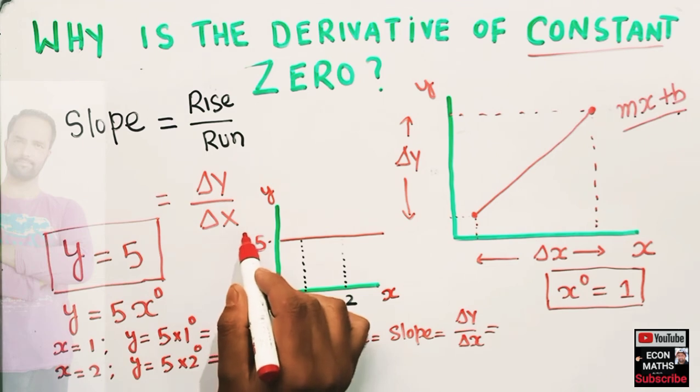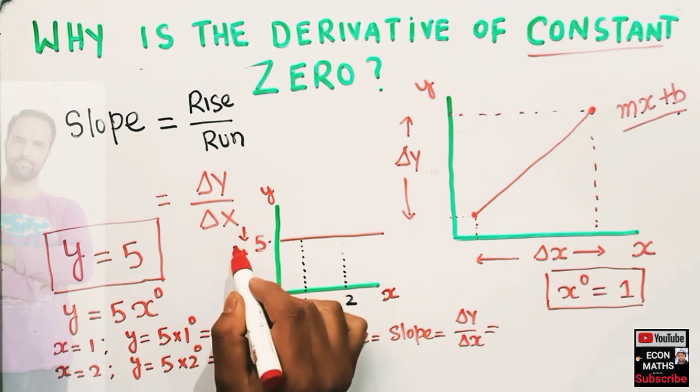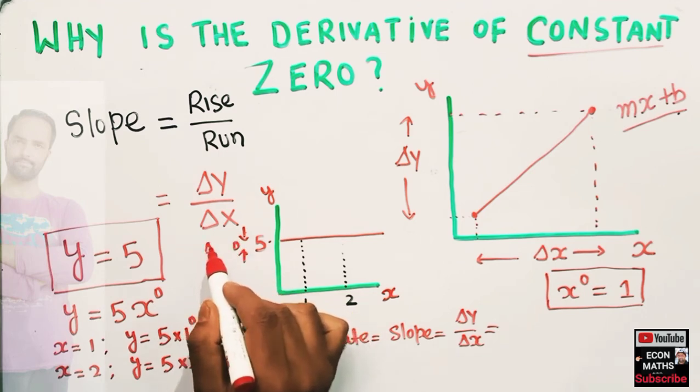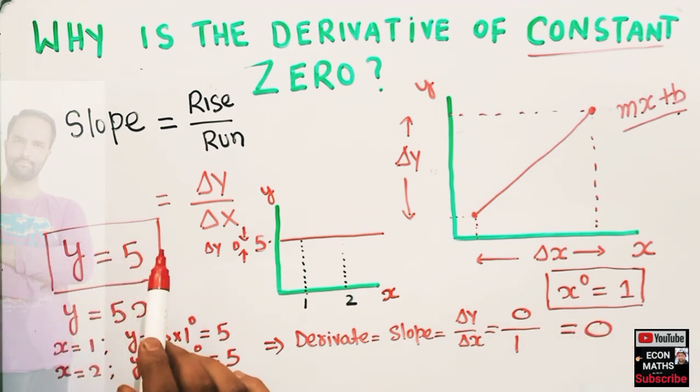This distance is 0. That means del y is 0, y has not changed when x has changed. So del y is equal to 0 upon, let us say x has changed from 1 to 2, so 2 minus 1 is 1. So 0 upon anything is equal to 0. That's why we say the derivative of a constant function is 0.